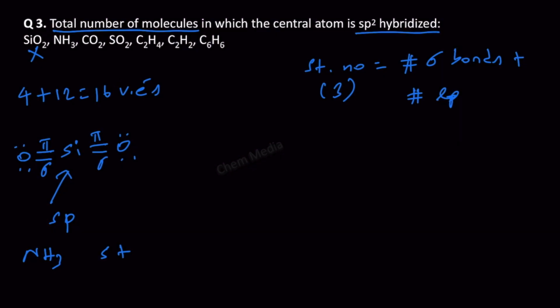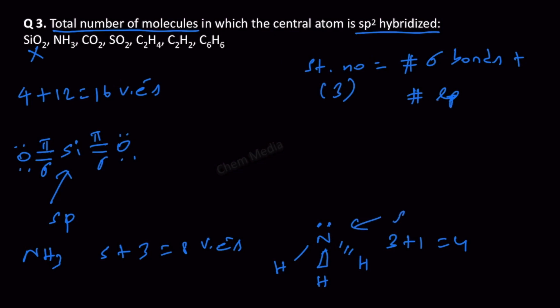So, 5 plus 3, we have 8 valence electrons, and the structure is going to be this way: nitrogen and then 3 hydrogens with sigma bonds, and then we do have one lone pair. So, therefore, the steric number here is 3 plus 1, and that is equal to 4. This means here the hybridization is sp3. This means we shouldn't include this one also.